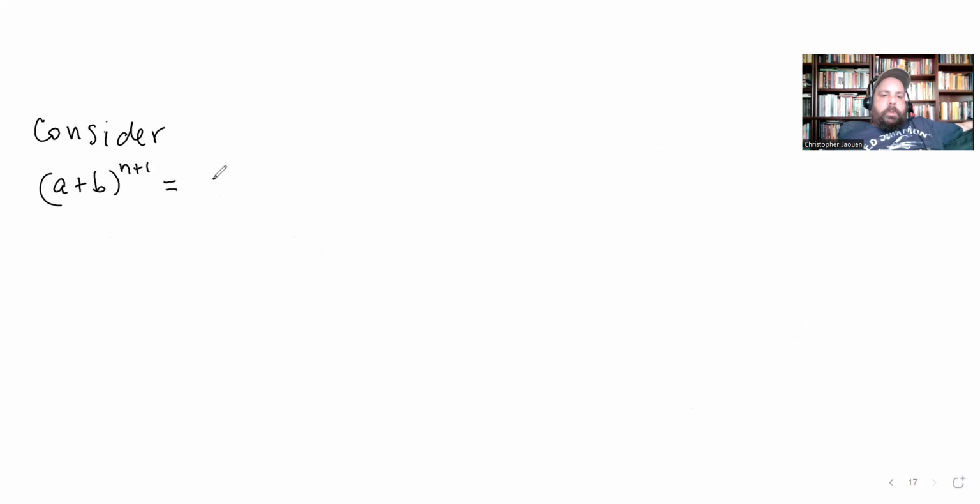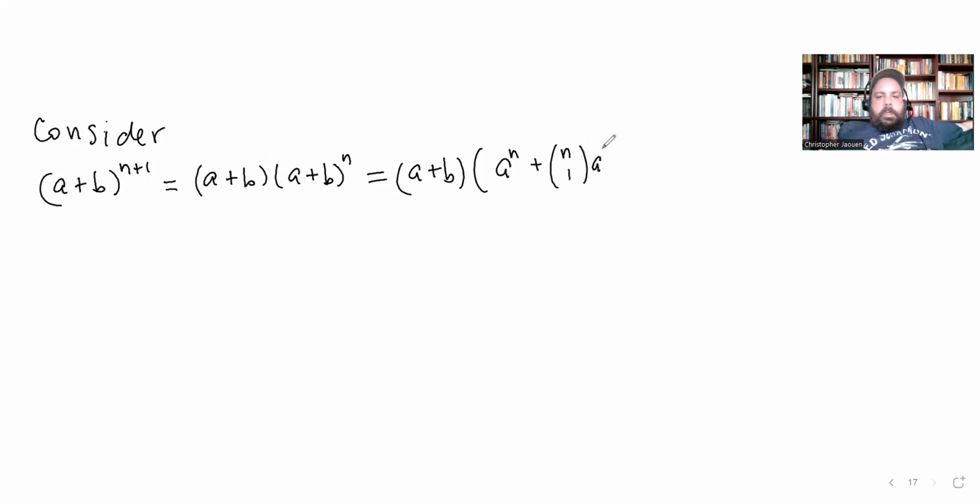That's equal to a plus b times a plus b to the n, which is the same thing as a plus b times a to the n plus n choose 1, a to the n minus 1, b, plus dot dot dot, plus n choose n minus 1, a b to the n minus 1, plus b to the n. That just follows by inductive hypothesis.